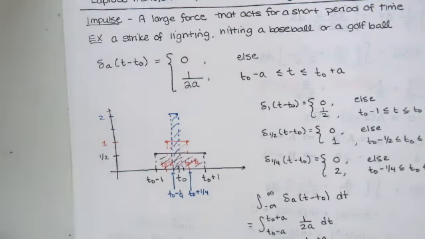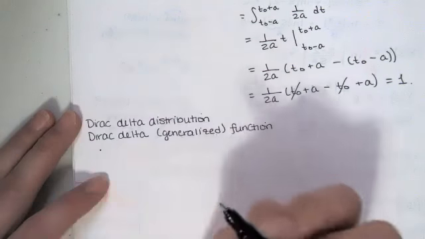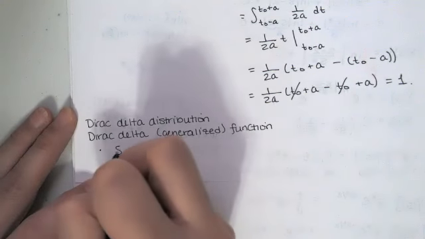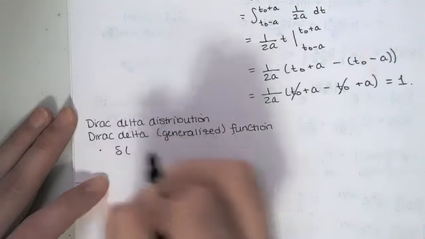It has these properties. Dirac delta is the limit as a approaches 0 of that function delta sub a that I was just talking about earlier.